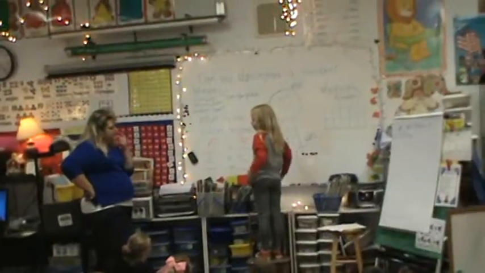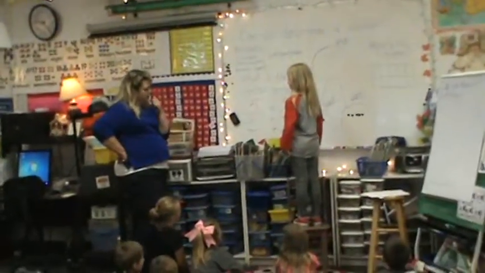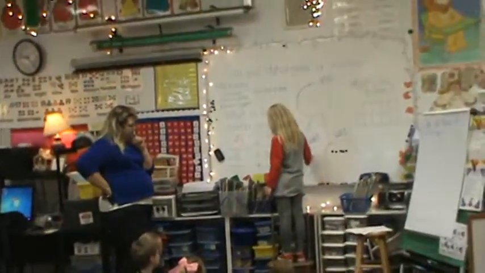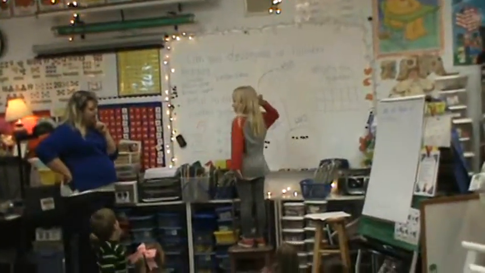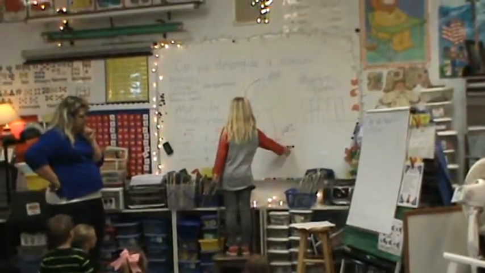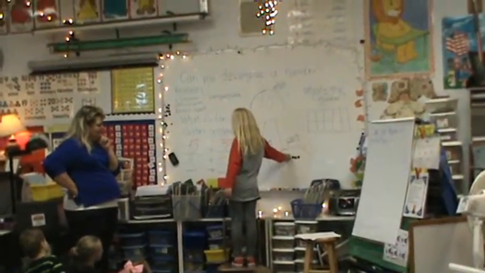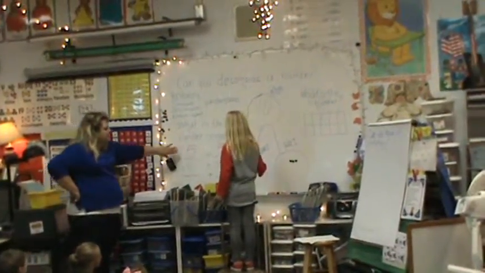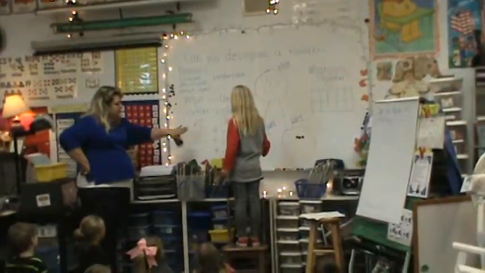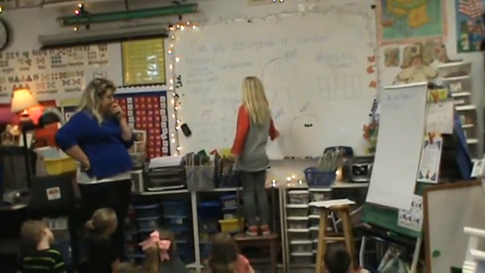Now, so tell me your number. What are in your parts? 5, and what's in the other part? Okay, so look what's on the board and see if you can come up with a different way, okay?